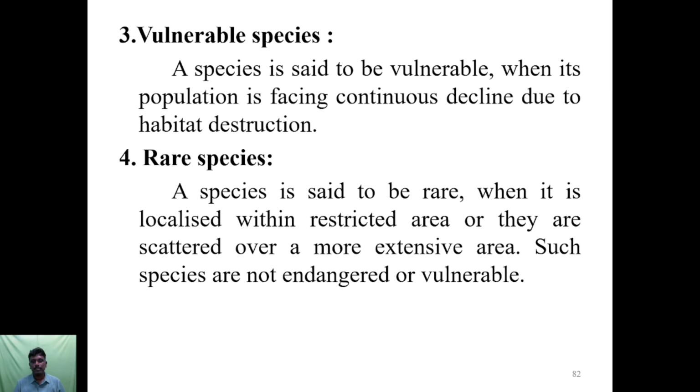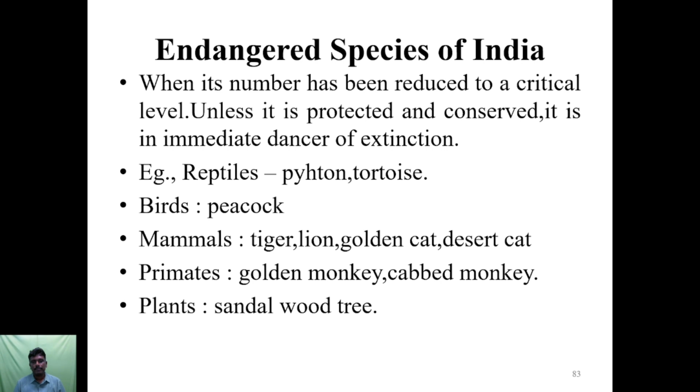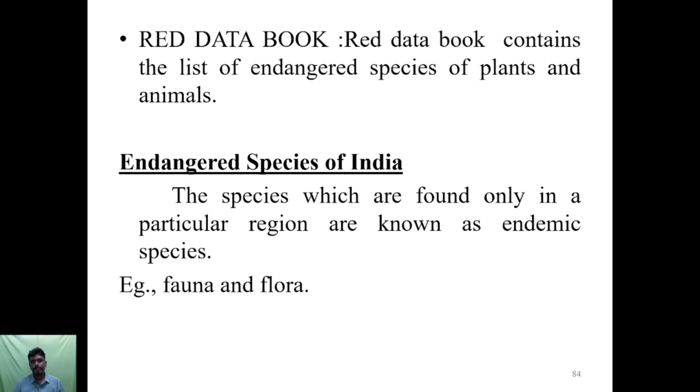Such species are not endangered or vulnerable. Then endangered species of India. For example, reptiles: python, tortoise; birds: peacock; mammals: tiger, lion, golden cat, desert cat, golden monkey; and the sandalwood tree.